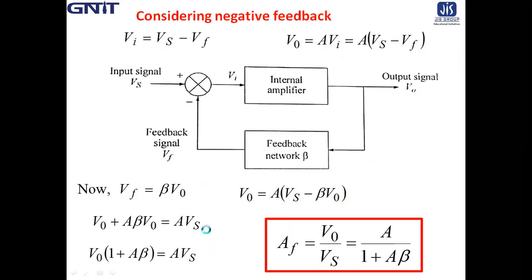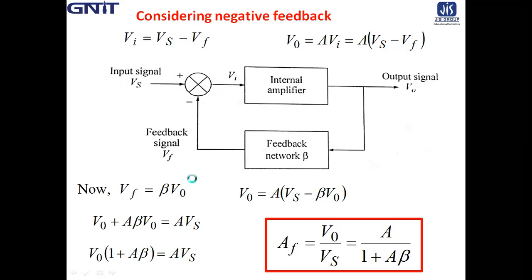Now if Vi equal to Vs minus Vf for negative feedback, and considering open loop, we have V0 equal to A into Vi. So Vi equal to Vs minus Vf, so A into (Vs minus Vf). This block diagram shows the negative feedback, where the feedback signal is just subtracted from the input signal. So ultimately Vi will be Vs minus Vf.